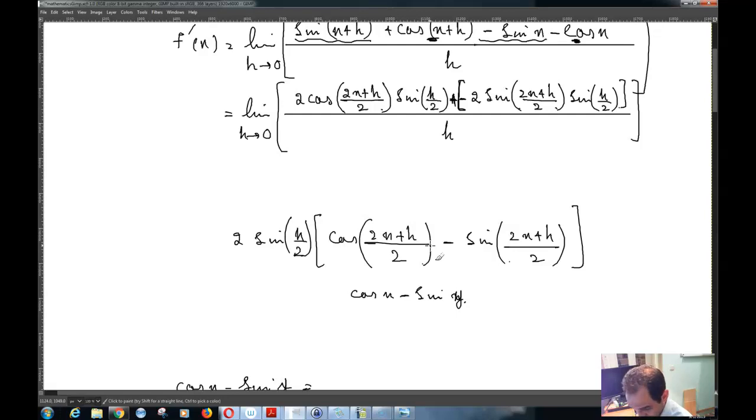Or probably cos x plus sine x or something like that. No. So let's see how they have solved this problem.